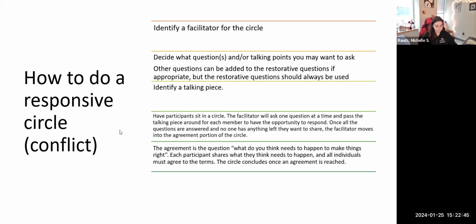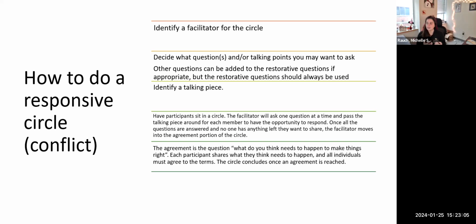Now, I will say that creating an agreement isn't always a smooth, clear-cut path to resolving a conflict. Some people may be like, hey, you know what? I'm not necessarily sure if I need to do that thing, or I need to do it in that way. So be prepared to engage in a dialogue.